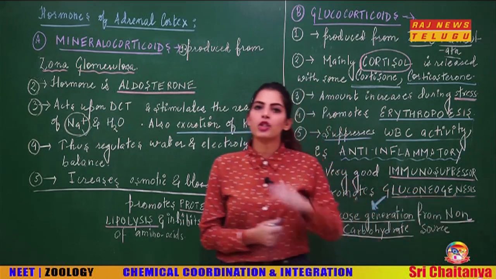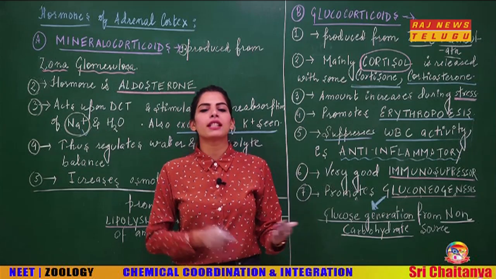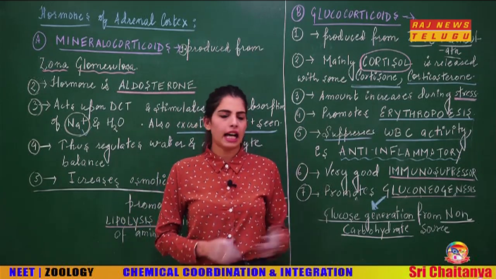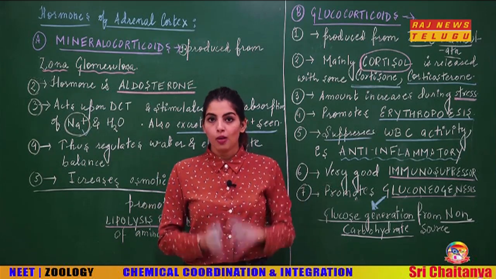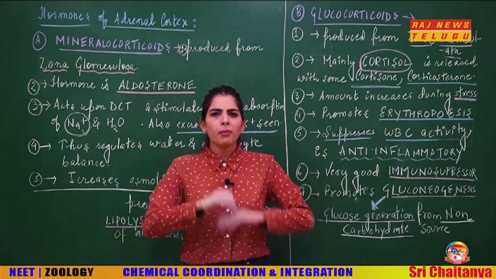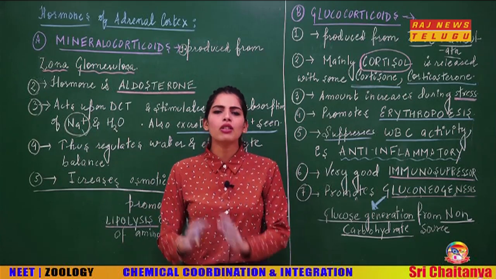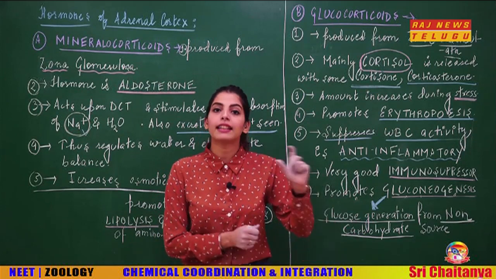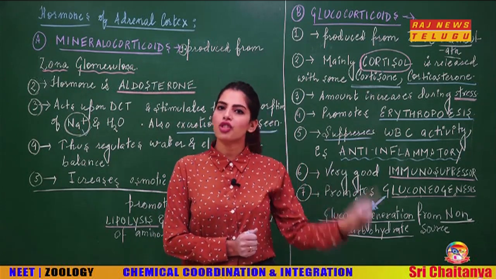And genesis means generation. So when you usually say formation of glucose, it is from glycogen breaking down, releasing a high amount of glucose. But glycogen is a carbohydrate. Once you start producing glucose from fat, or from any non-carbohydrate source, that process will be called gluconeogenesis.